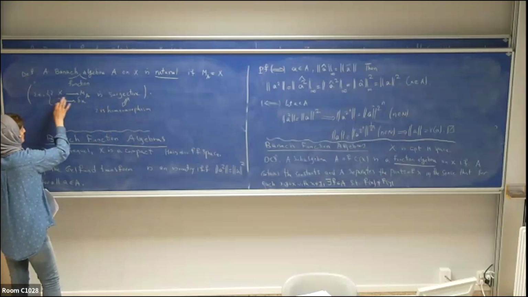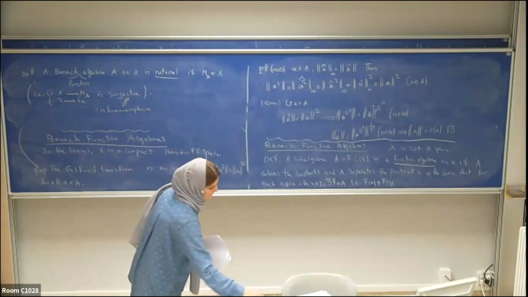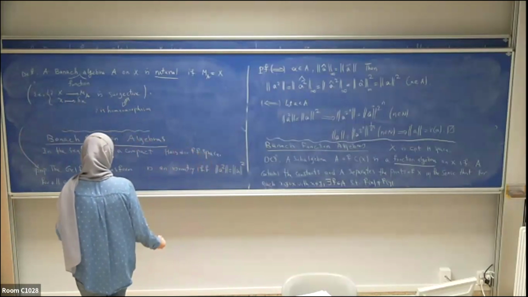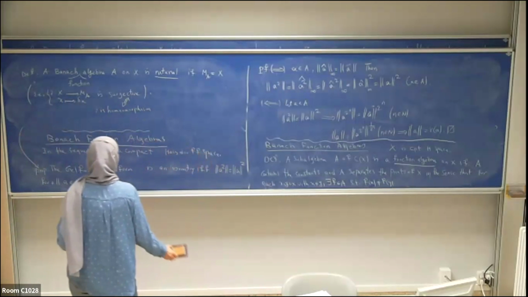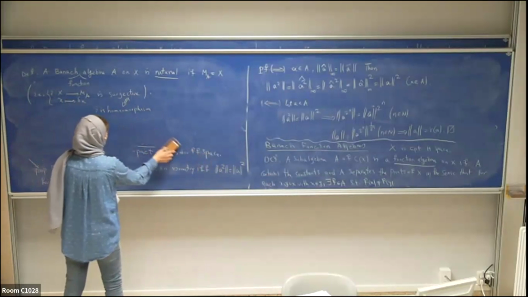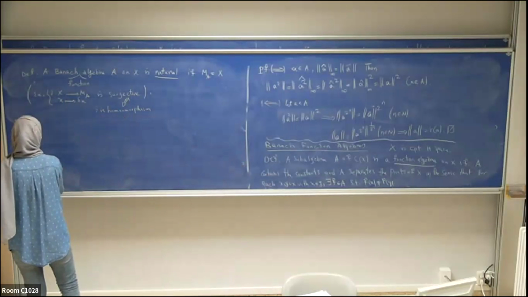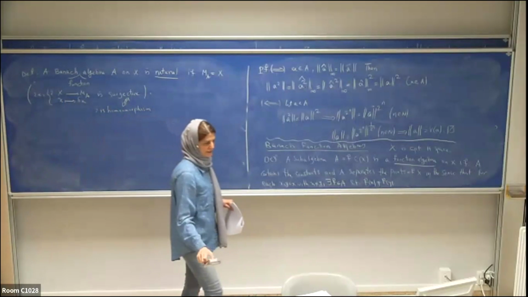Because I told you this is injective, and because of surjectivity and compactness, the converse from topologies, it is also continuous. I want to say that as the first example, C of X is natural, and so M of X is just the evaluation homomorphism.